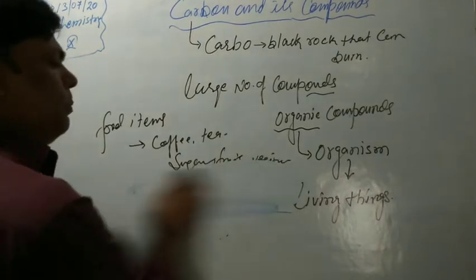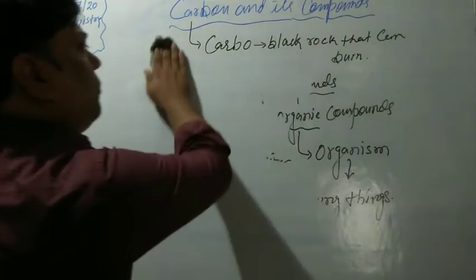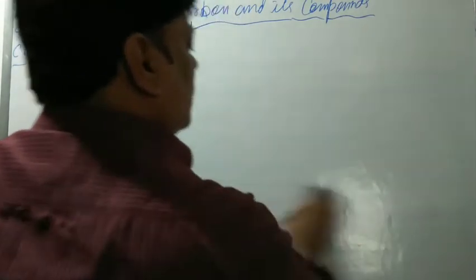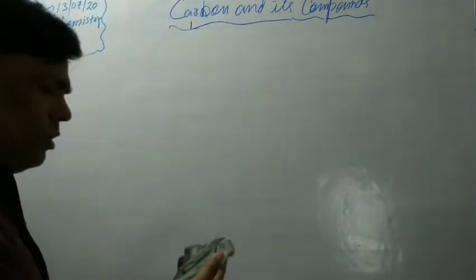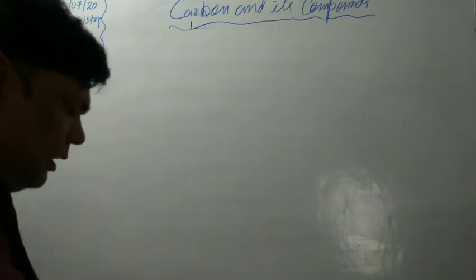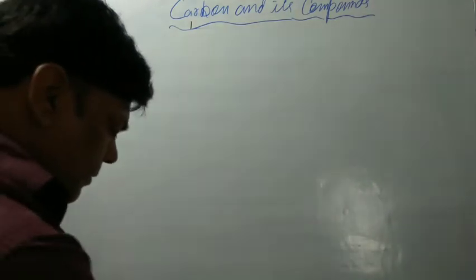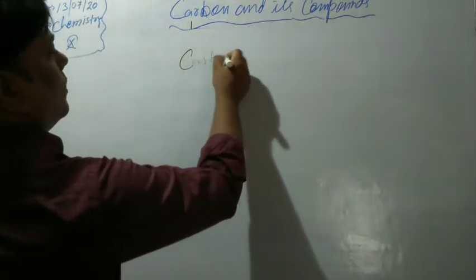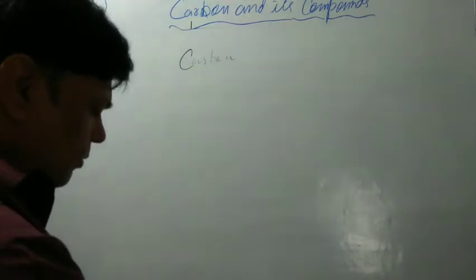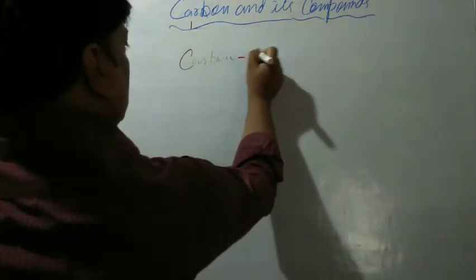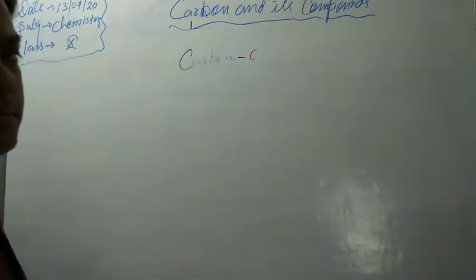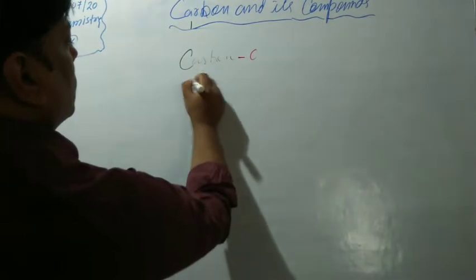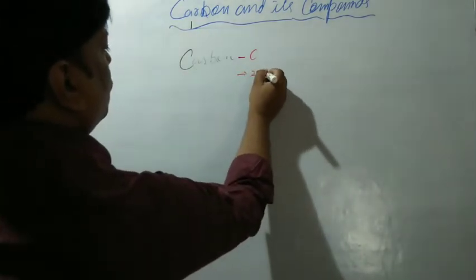Now, what about bonding? Which type of bonding is there in carbon compounds? Carbon is a non-metal. Let us understand. The symbol of carbon is C and its atomic number is 6. What is the electronic configuration of carbon? 2, 4.